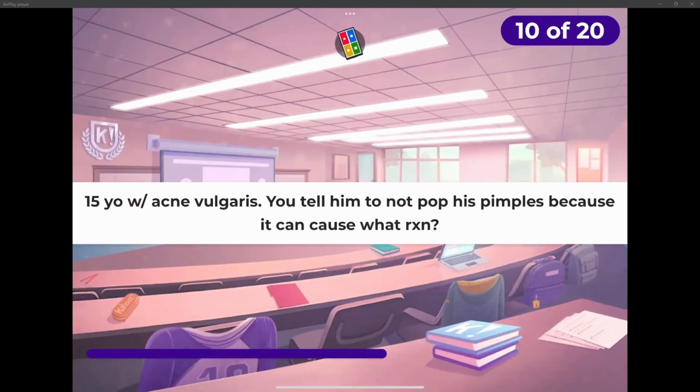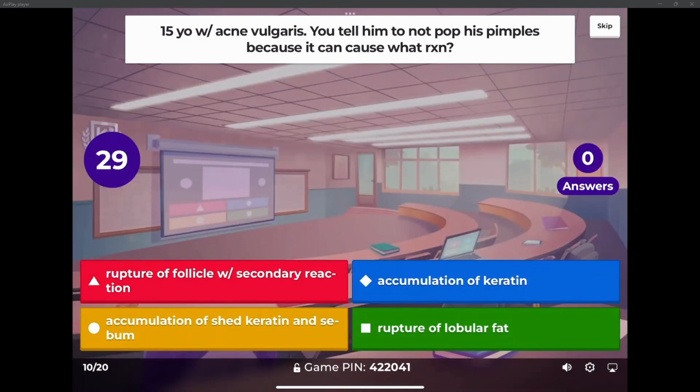15-year-old acne vulgaris, you tell him to stop popping his pimples because what kind of reaction can that cause? So the blue and the yellow are pretty much the same thing, right?